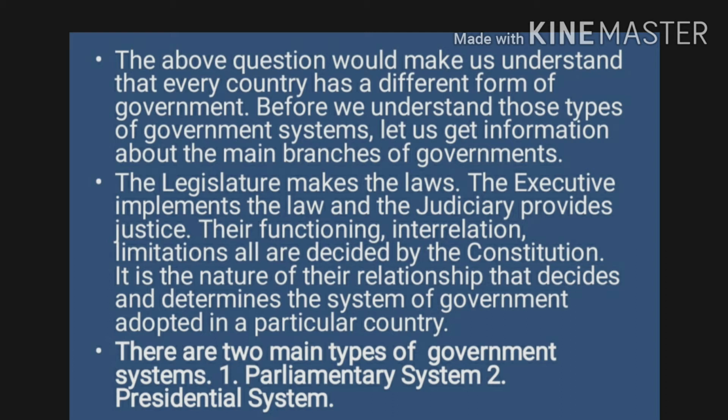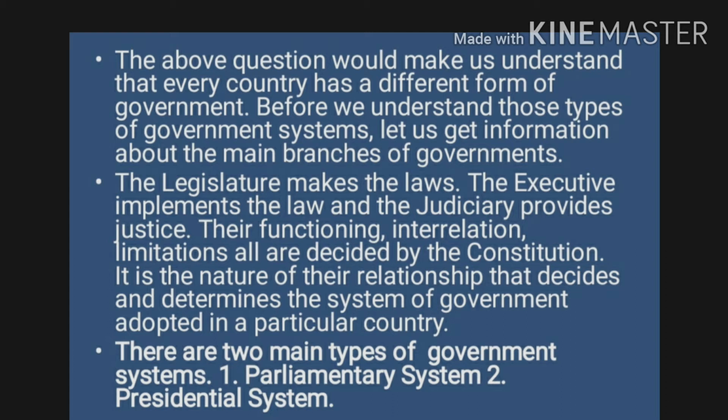So children, why do we have a parliamentary system, and why doesn't the USA, that is the United States of America, have a parliamentary system but a presidential one? Because it all depends on the nature of the nation. There is the legislature, the executive and the judiciary. Even though these organs function separately, there is still control over all of them by the Constitution.